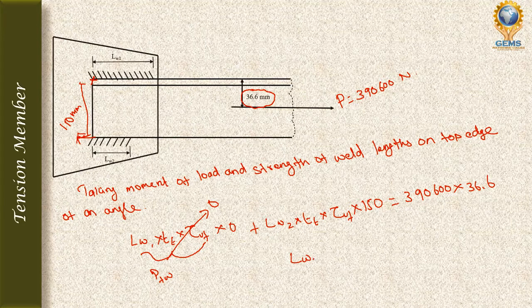So LW2 is equal to 390,600 into 36.6 divided by TT into tau Vf into 150. So LW2 is equal to 390,600 into 36.6 by what is TT? 5.6 into 108 into 150.